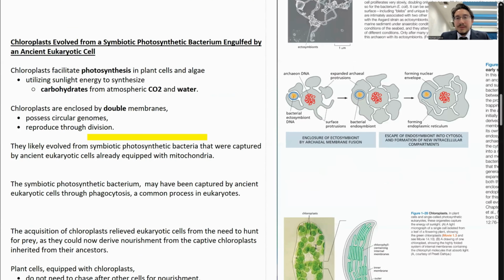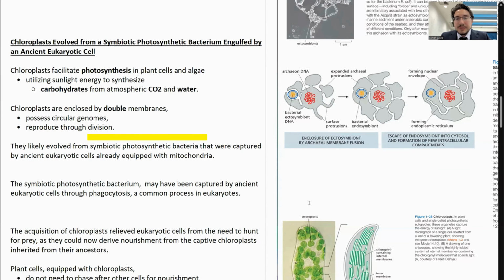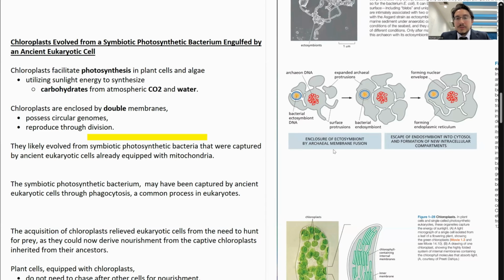An example of what I'm referring to is here. You have this a lot larger archaeon, and this bacterial cell with bacterial DNA being engulfed into the body of the archaeon, but not digested.